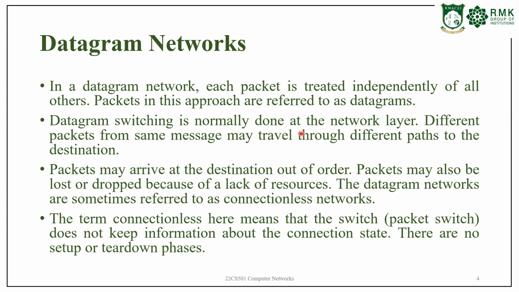Datagram switching is normally done at the network layer. Different packets from the same message may travel through different paths to the destination. Packets may arrive at the destination out of order. Packets may also be lost or dropped because of lack of resources.